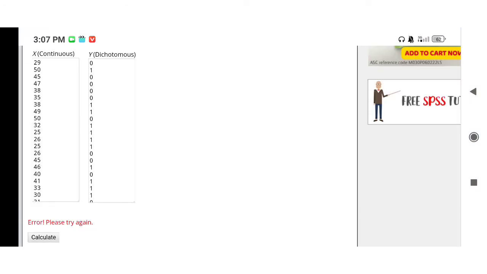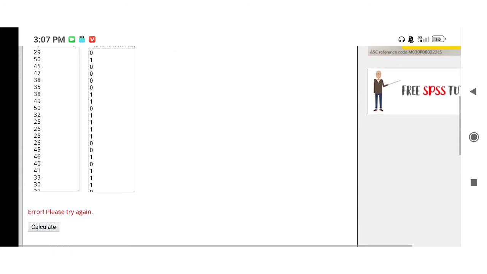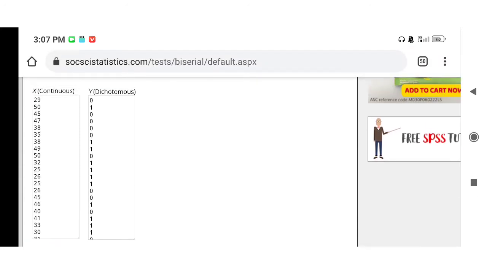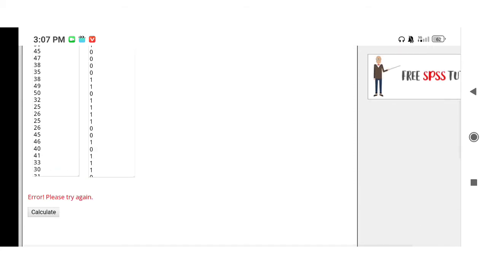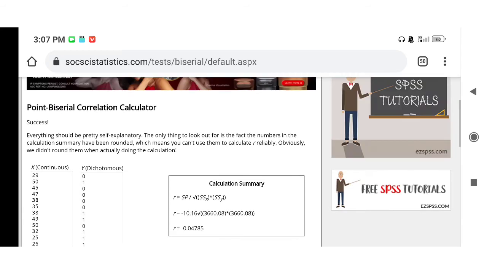So let's proceed to the calculation. We are now in the point biserial correlation calculator. You had already posted the x or continuous variable, which is the test scores, and the y or dichotomous variable, which is the gender. So let's calculate. Okay, so here are the results.